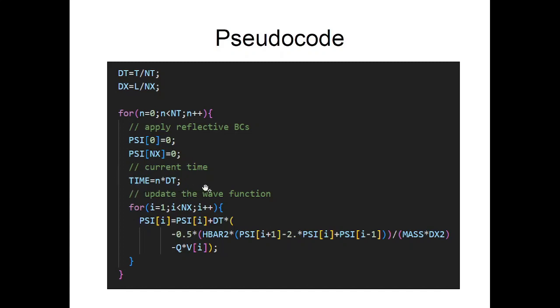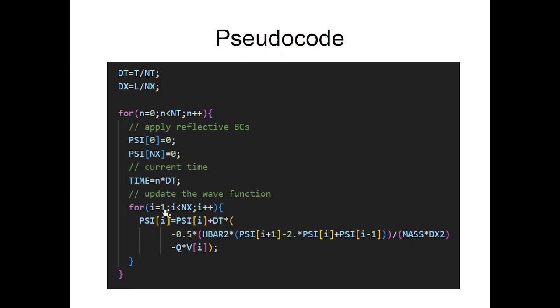Here, to know at what time we are calculating the next solution, we update the current time. Then we have the main step, which consists in updating the wave function. There is another for loop that ranges over the cells of the spatial grid, from 1 to nx.